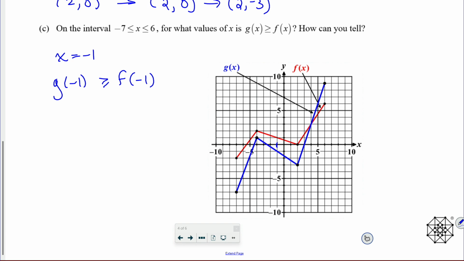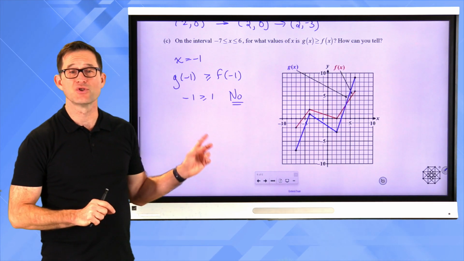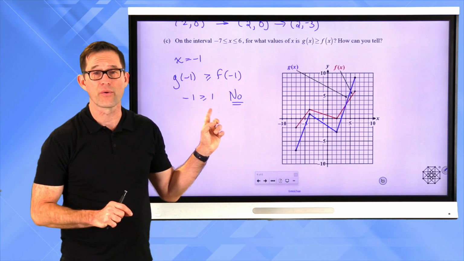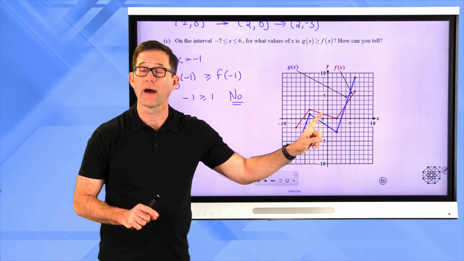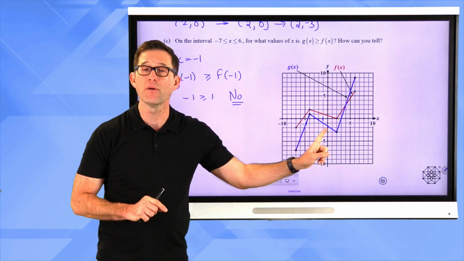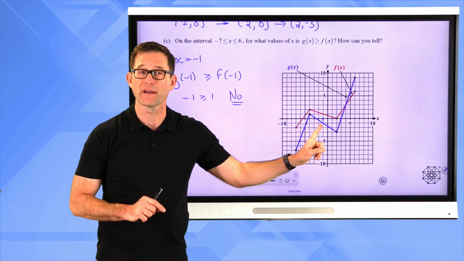And what I see is that g of -1, remember g is in blue, is -1, and f of -1 is 1. Is this true? And the answer is no. And the reason it's not true isn't just because -1 isn't greater than or equal to 1. It's because at x equals -1, the red graph, which is f of x, is above the blue graph, which is g of x.